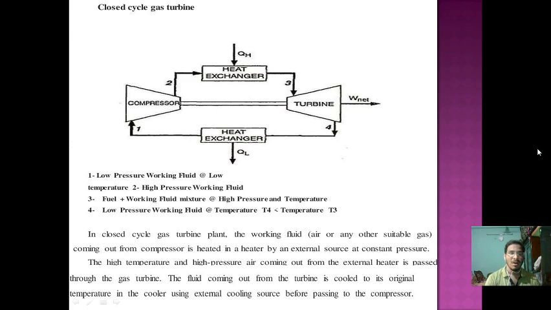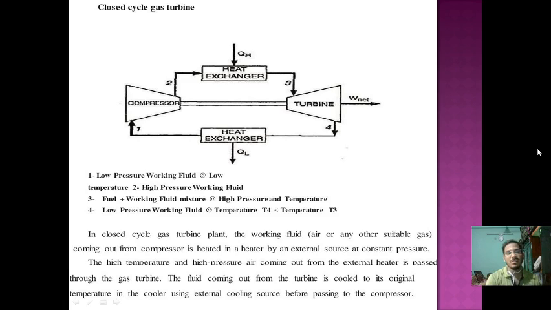Closed cycle gas turbine. In the closed cycle gas turbine, only one part is different: the heat exchanger. Here, instead of a combustion chamber, we are using a heat exchanger. In the first heat exchanger we are inserting the heat energy, and the other heat exchanger we are using for the purpose of rejecting the heat energy.